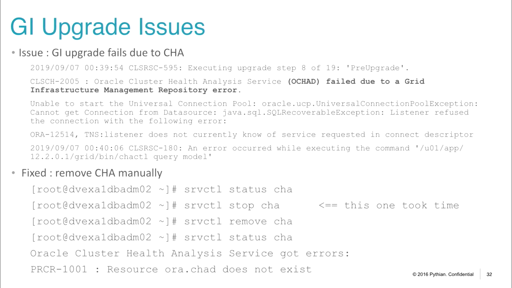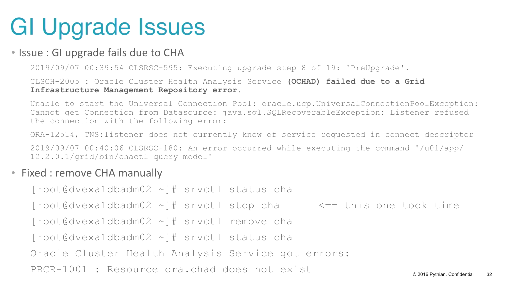Now this is the one with the CHA. The second error that we faced was that when we were running the upgrade of the grid infrastructure, it failed right here. As you can see, it was the CHA-CTL query model that it was trying to run during the root upgrade.sh.